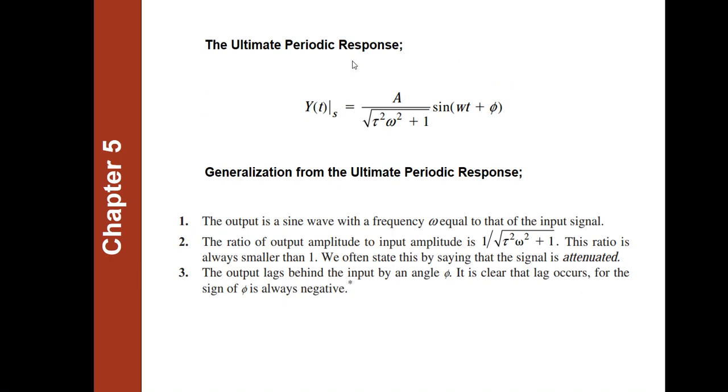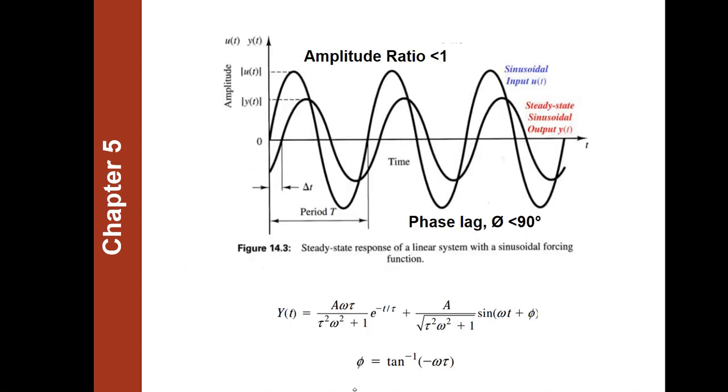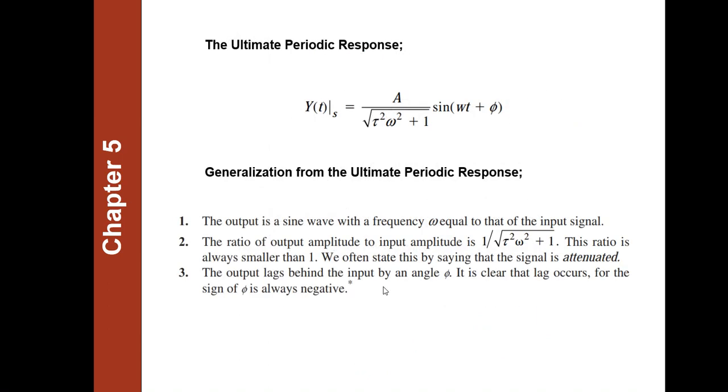And if we want the ultimate periodic response, we don't consider the non-periodic term here. Although this is the actual response equation, we only look into the periodic term. We take this out of the picture. So this is the ultimate periodic response, or the steady state response, as you could see here in the subscript S, for a sinusoidal forcing function.